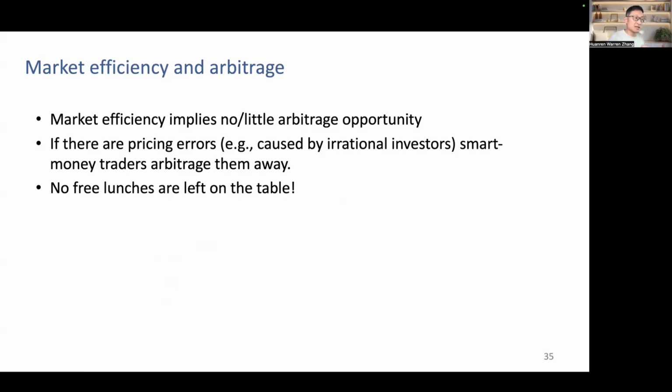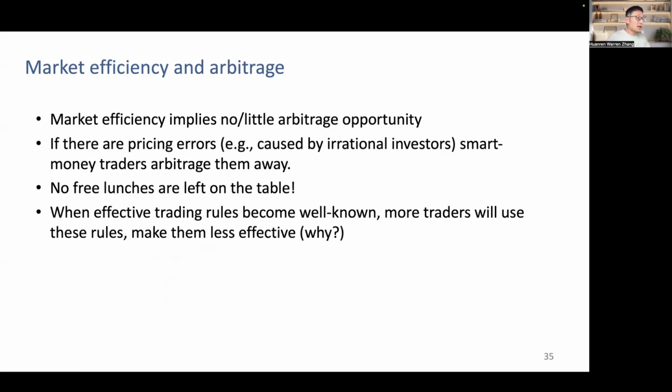So I don't know whether you sense the paradox here. When effective trading rules become well known, more traders will use those rules, making them less effective. Why is this the case? Because if this trading rule is effective and well known, everyone would use it.